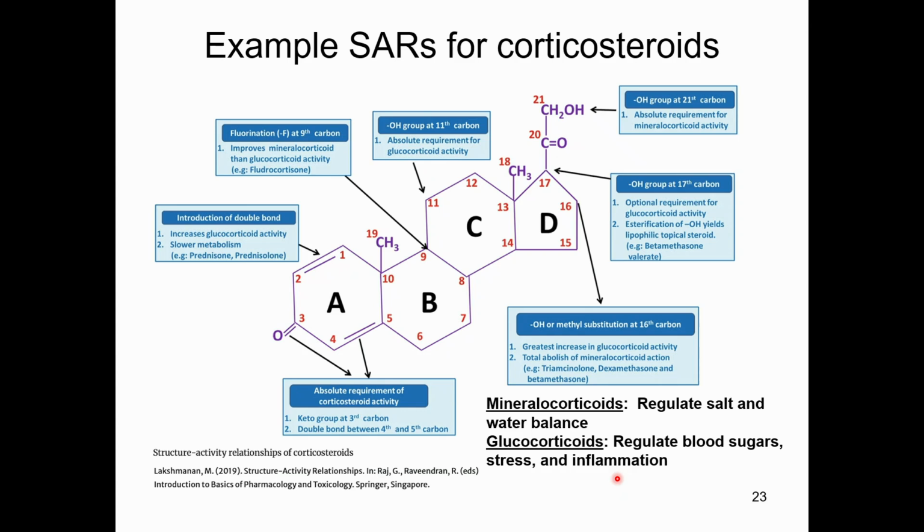AI models can also be loaded up with all of the different targets and information on what those targets do, what the receptors do. AI models can also look at diseases and understand what the most important pathways in that disease are, what the receptors involved in that disease are, and what compounds might interact with those receptors.